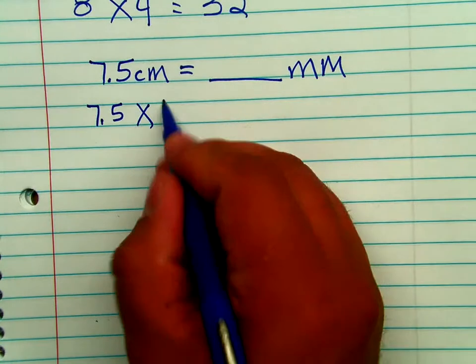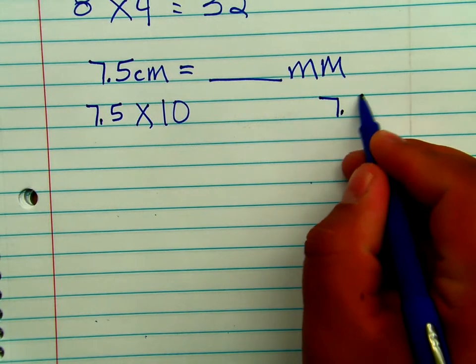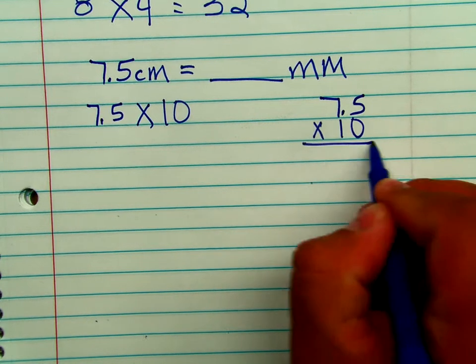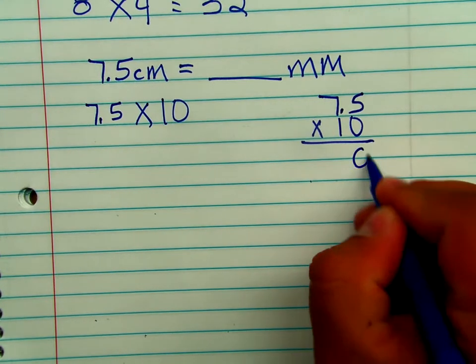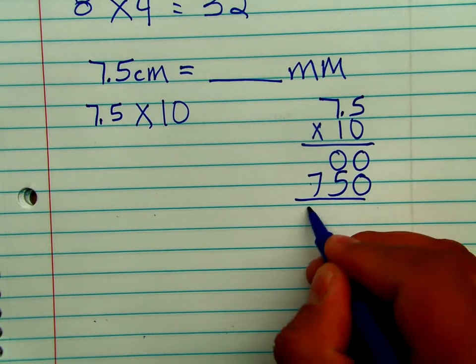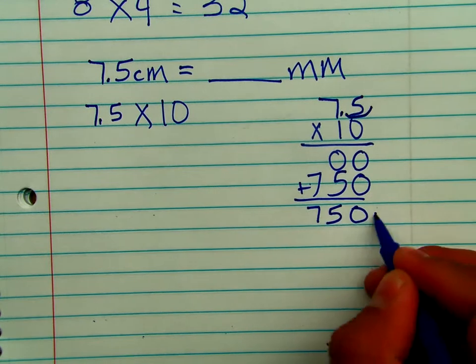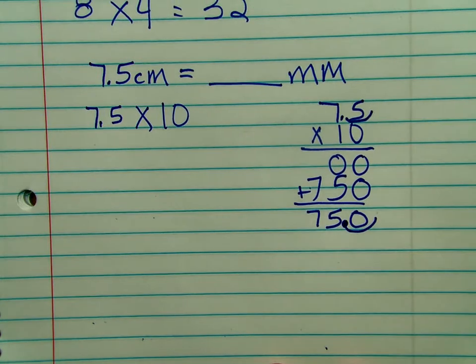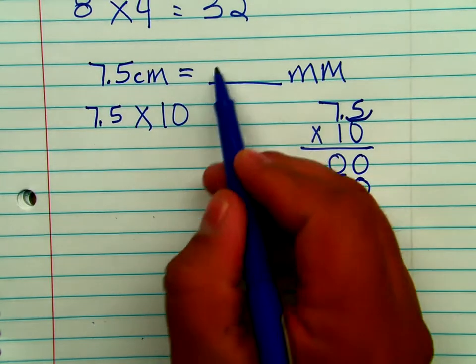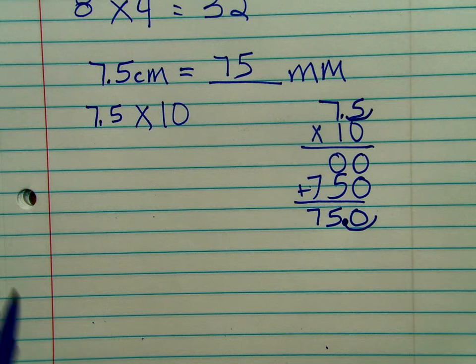So multiply by 10. So the easiest way to do this is just to multiply straight out like you were multiplying the decimal. 0 down here, 1 times 5. So my answer is 750. Now don't forget my 1 decimal place. My 1 decimal place goes here. So my answer is actually 75 millimeters.